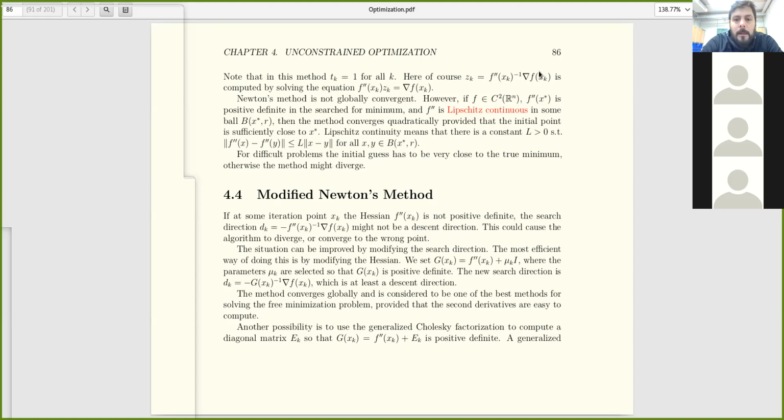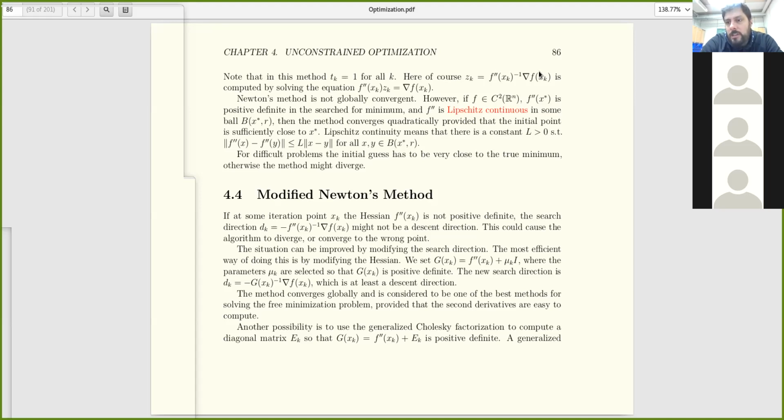The thing is, if the Hessian is not positive definite, then depending on which way the gradient points, when you multiply the gradient with the inverse of the Hessian, it may be a problem. That it's not positive definite means that it has negative eigenvalues.